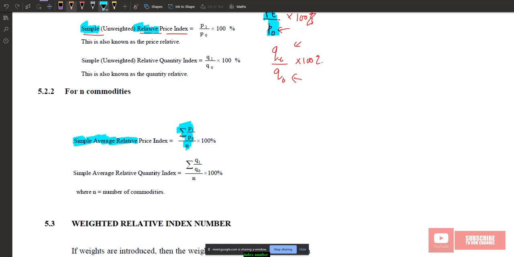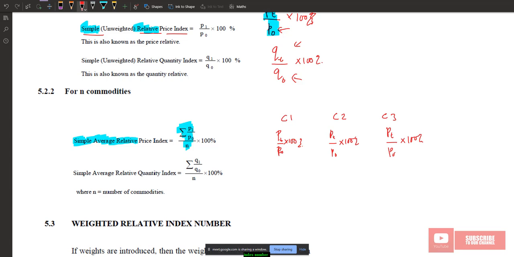Let's say we have three commodities: commodity number 1, commodity number 2, commodity number 3. We calculate the price index for commodity number 1, P_t divided by P naught multiplied by 100%. This is the price index number for commodity number 1. Similarly, this is the price index for commodity number 2, and this is the price index number for commodity number 3.